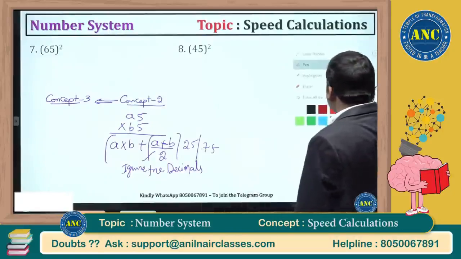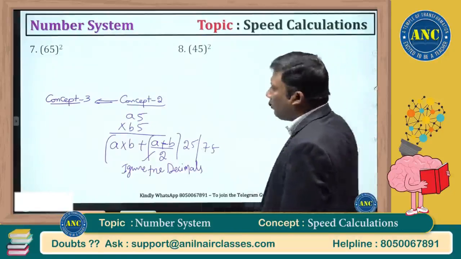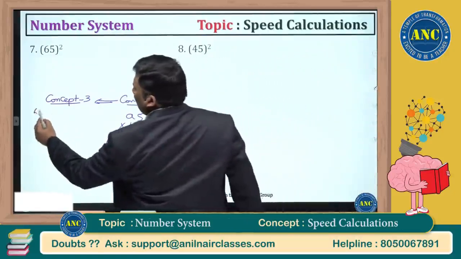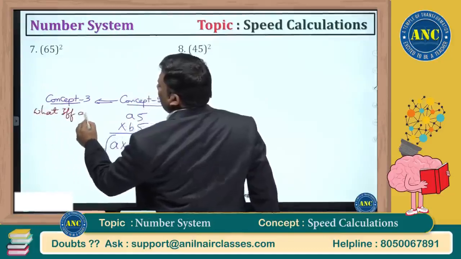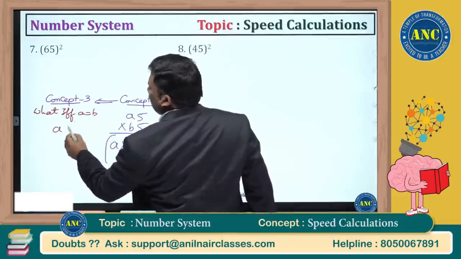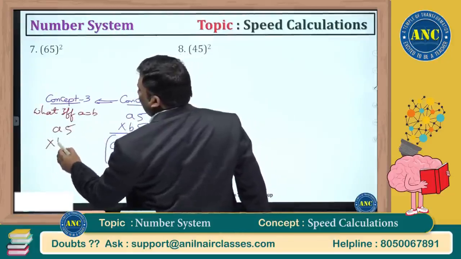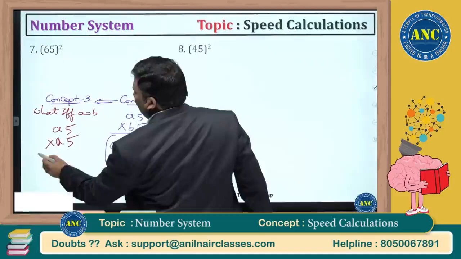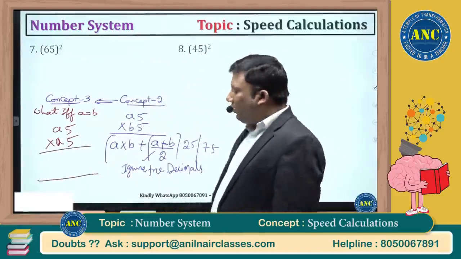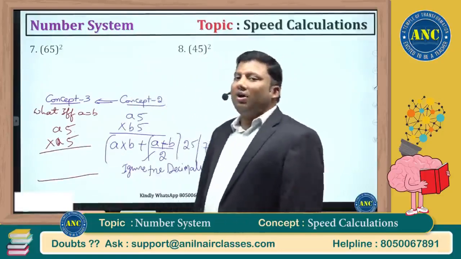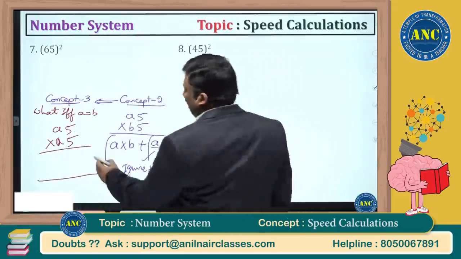Concept 3. What will happen if A is equivalent to B? If A is equivalent to B, A5 into A5. If A is even, it will become even 5 into even 5, 25. If A is odd, odd 5 into odd 5, again 25.